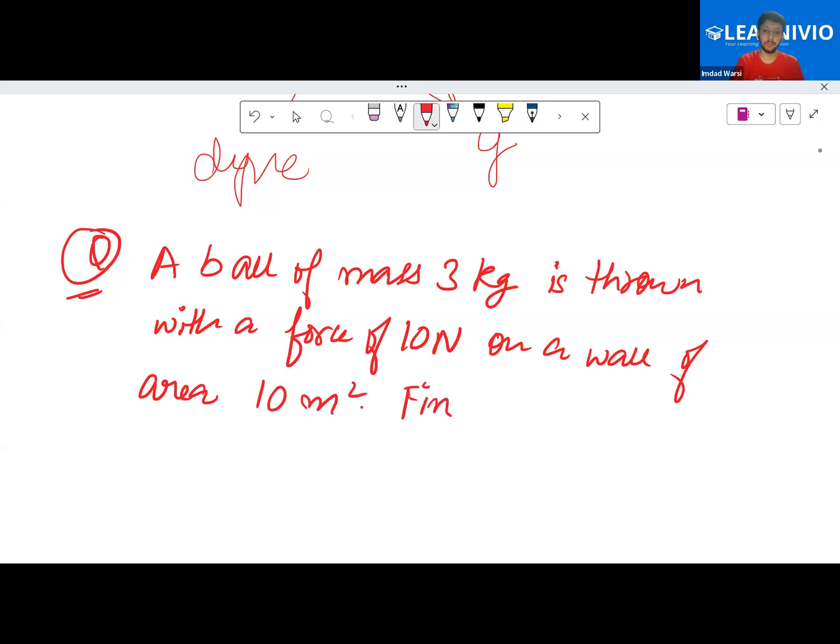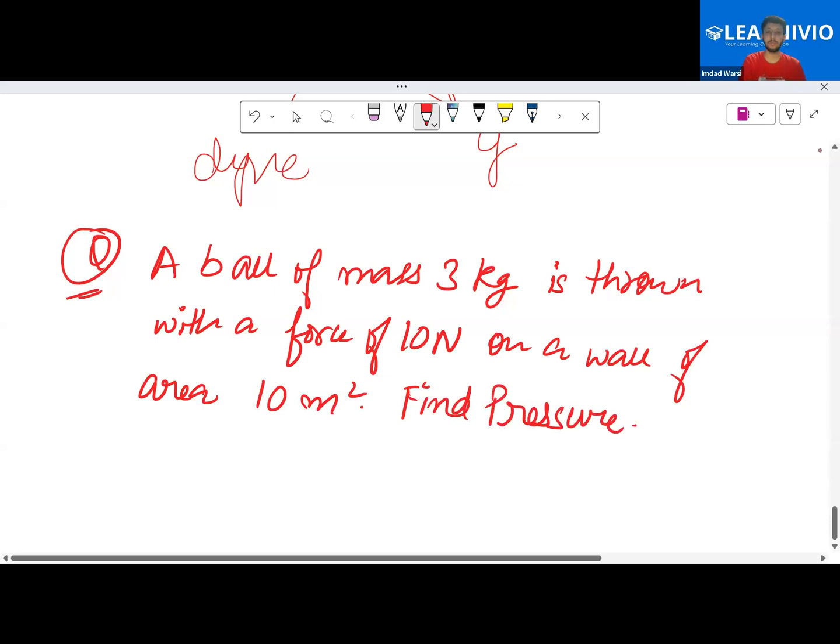Find the pressure. Find the pressure. Make it 30, the force make it 30. Oh, okay.